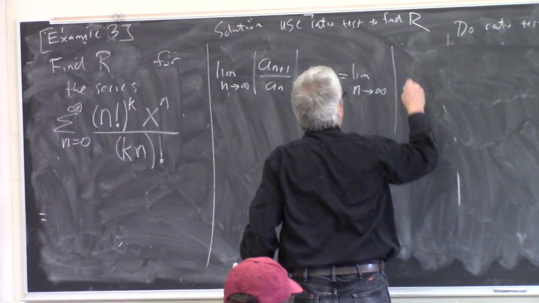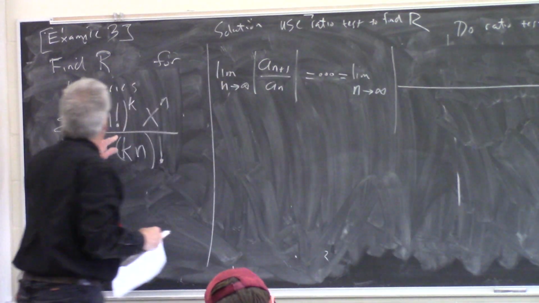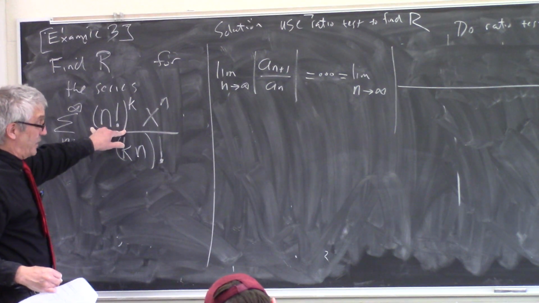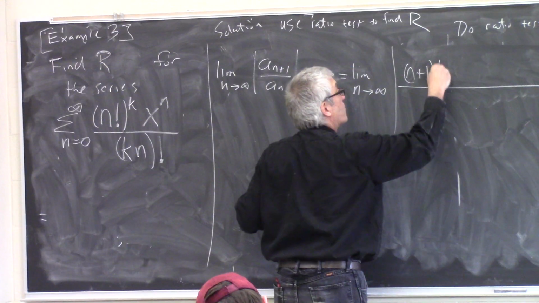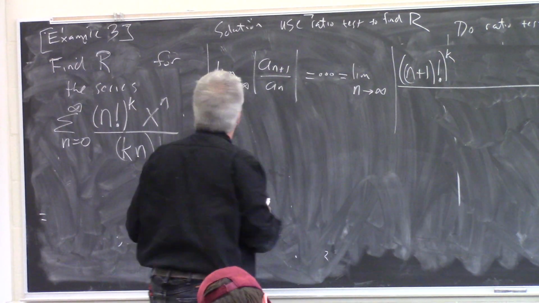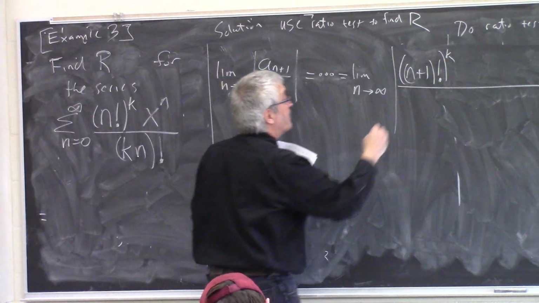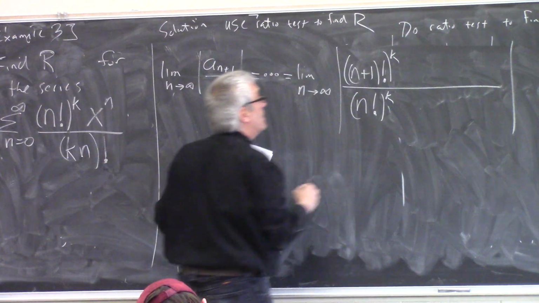I'm going to have a fraction with a single baseline. On top, I'm going to have one of these with an n plus 1, so n plus 1 factorial, all to the kth power. And on bottom, just like that, but with n factorial to the kth power.